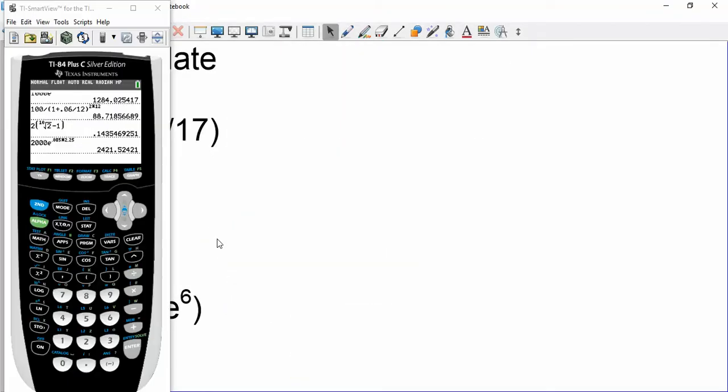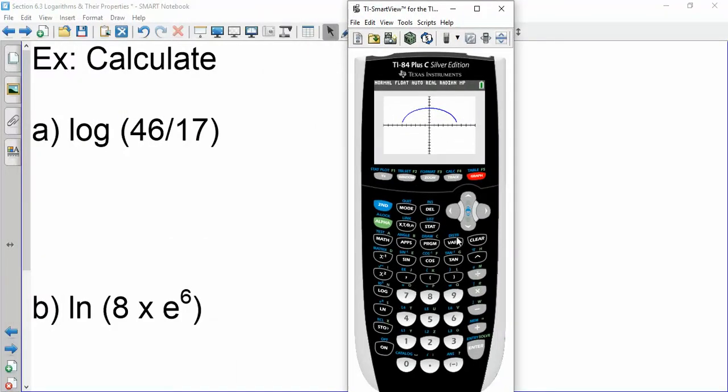So we are going to calculate these 2 things. Alright, log of 46 over 17. If you look on the left-hand side, the 4th button from the bottom is just regular log, L-O-G.